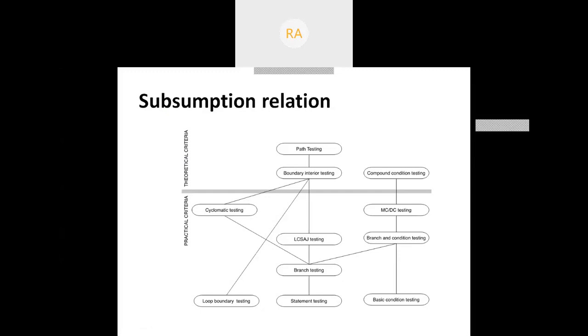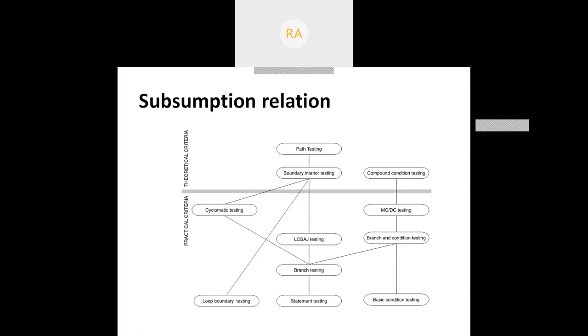Suppose if I carry out one of the techniques, it so happens that it will cover the other coverage technique also. That is what I call subsume. Indirectly you are performing the other coverage technique by going for one more technique.